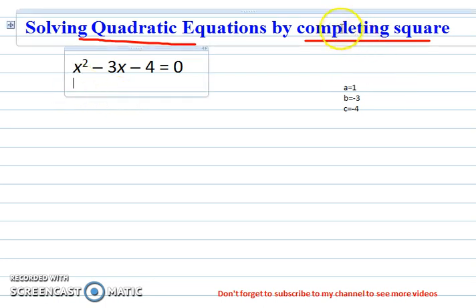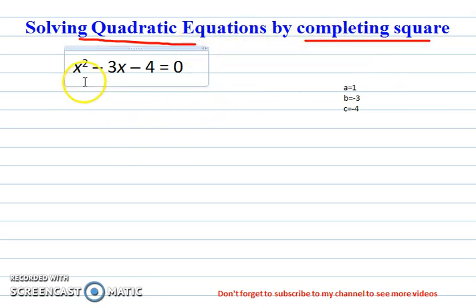The next step says that when you want to solve a quadratic equation by completing the square, you need to rewrite the equation so that the constant term is alone on one side of the equality symbol.